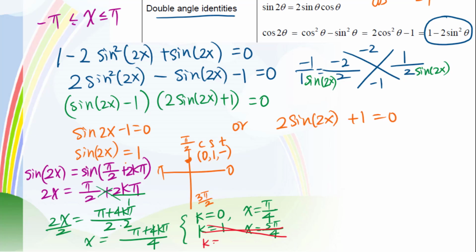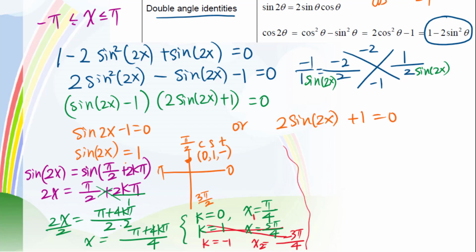When k equals negative 1, x equals negative 3 pi over 4. When k equals negative 2, it's out of domain. So we get x1 equals pi over 4, x2 equals negative 3 pi over 4.